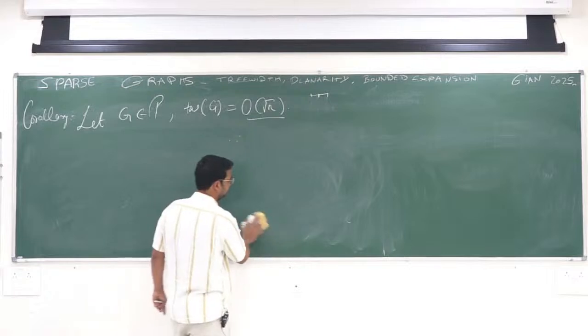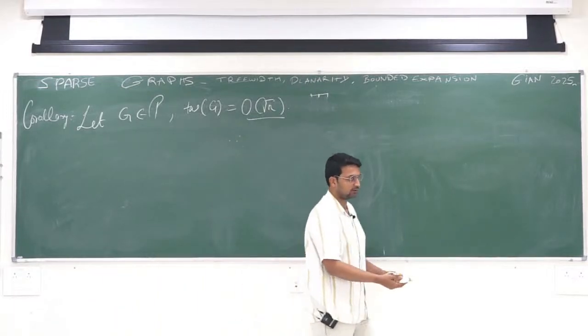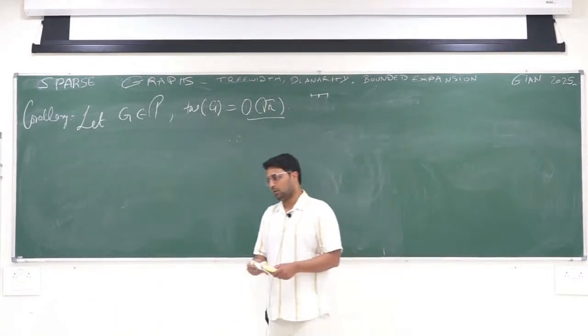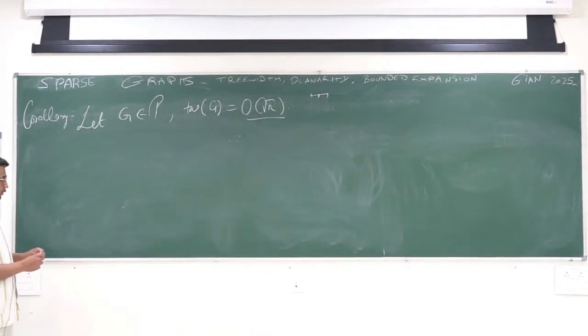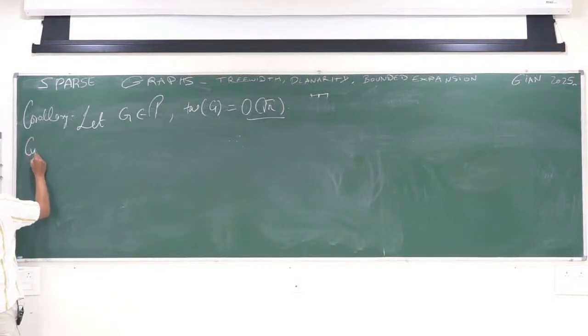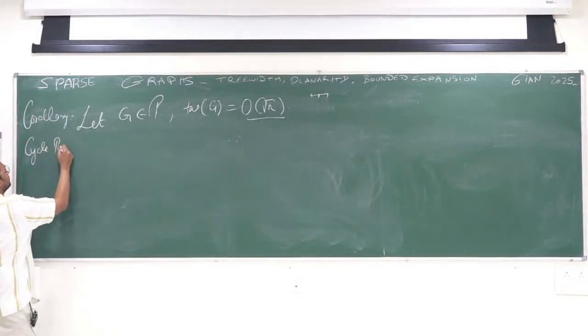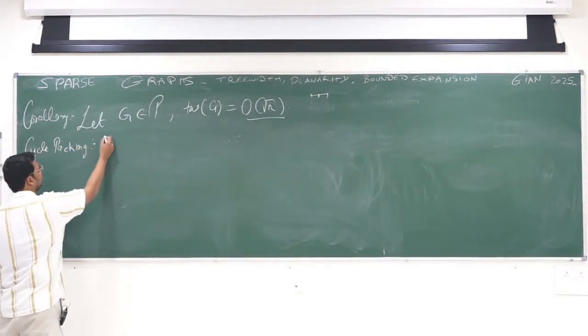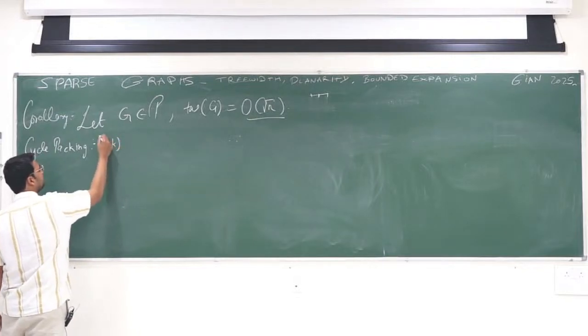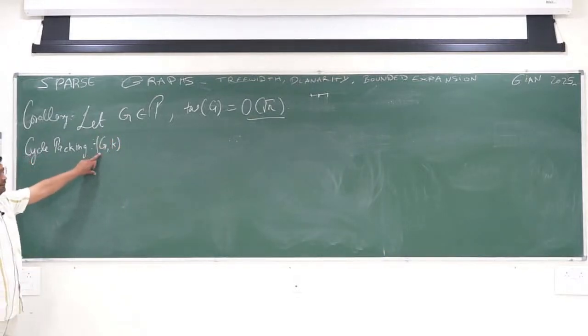For planar graphs, these kinds of approaches that I am using are called win-win approaches. What are these approaches? Let's take as an example a problem called cycle packing. It has an input G, K, and my G is now a planar graph.